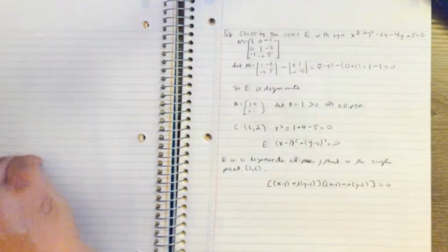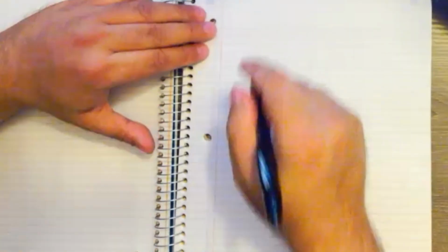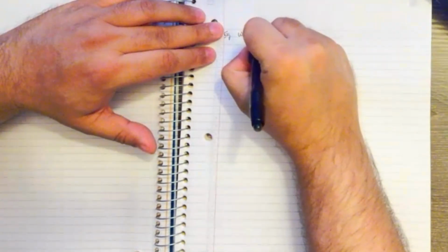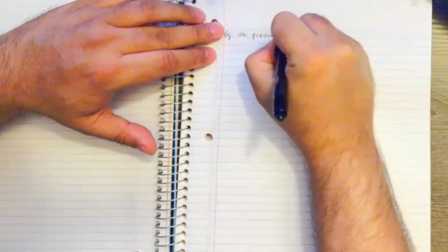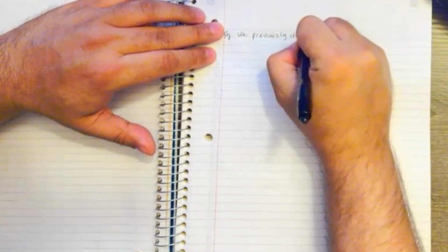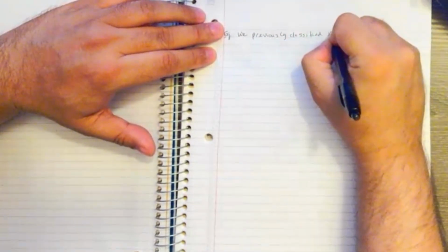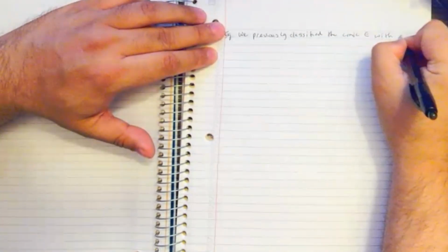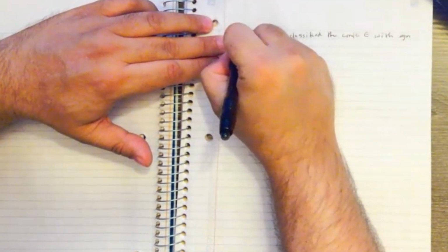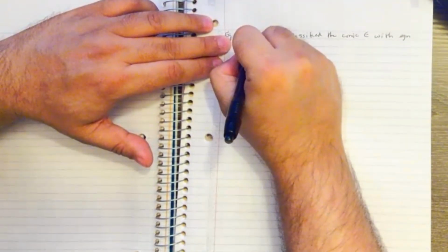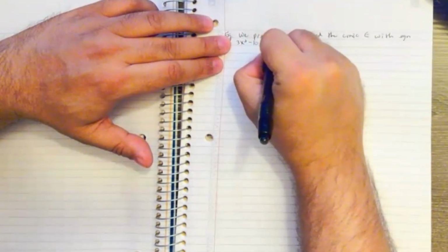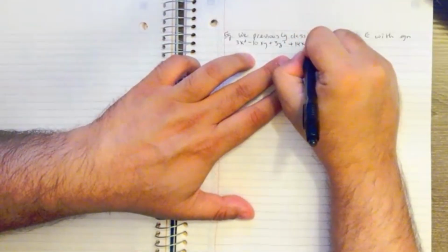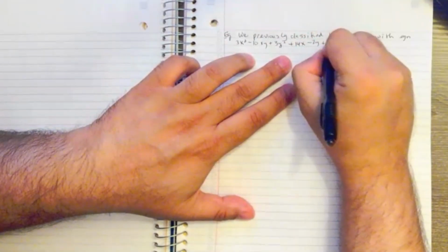Okay, so let's look at another example. So we previously classified the conic E with equation 3x squared minus 10xy plus 3y squared plus 14x minus 2y plus 3 is equal to 0.